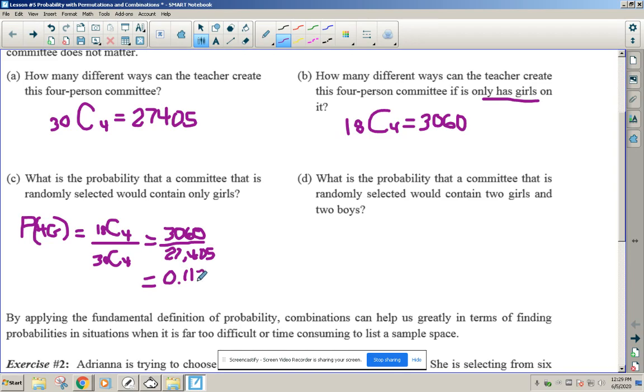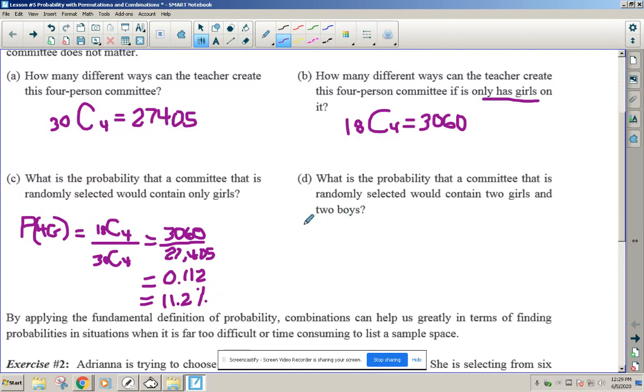That would then make sense if you would say, well, there really is a very small chance that I'm only going to pick 4 girls. And if we make it even more understandable, turn the decimal to a percent, this would be 11.2%. So it can happen, but it's not really a large chance that it would happen.